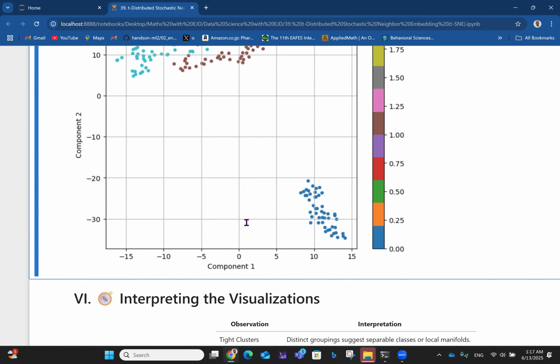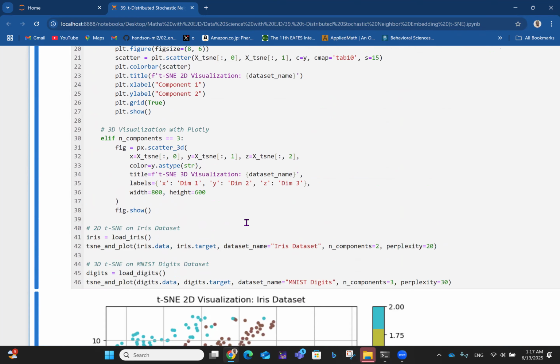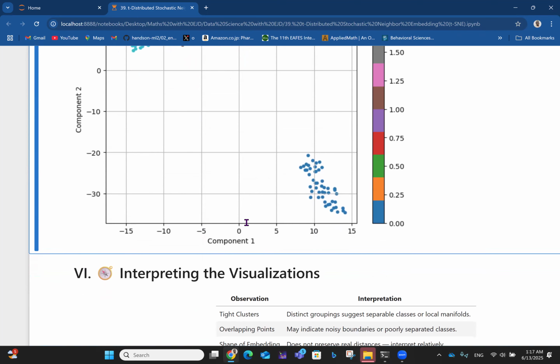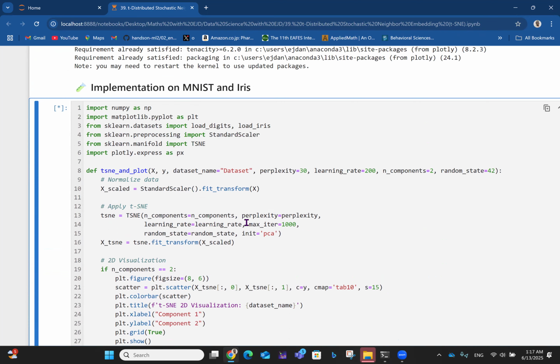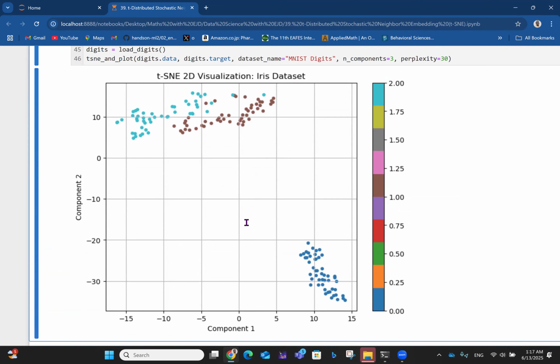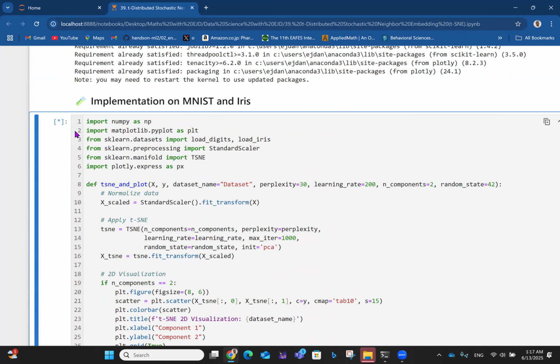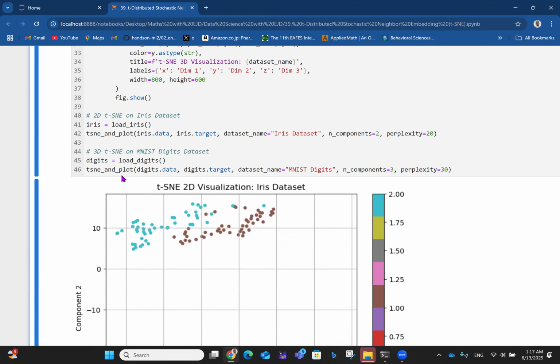So this 2D is done. For the 3D, some processes are going on, running through 1000 iterations. That's surely going to take a lot of time. As long as you have this asterisk, it means it's still running. Once a number shows, then it's done.